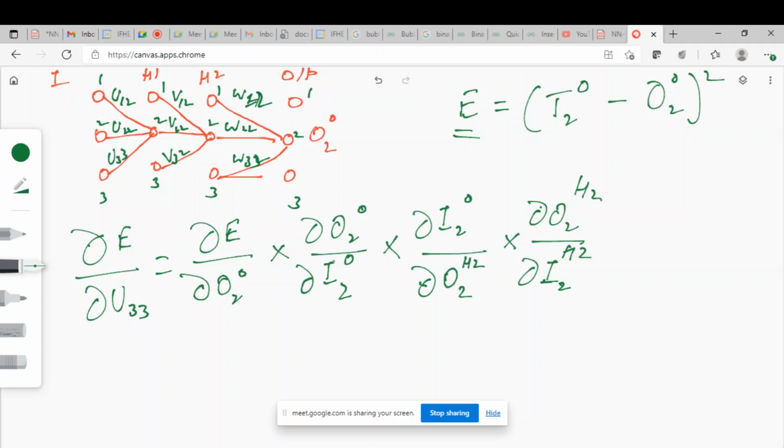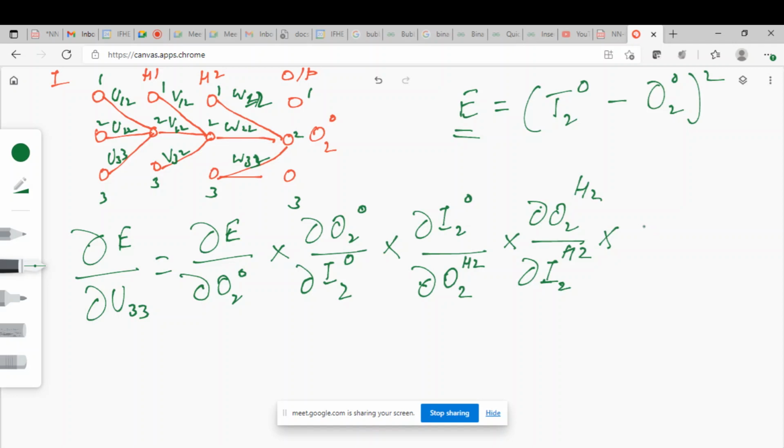I2 H2. Here also, the output of the second neuron of the output layer depends on its own input. Similarly, the output of the second neuron of the second hidden layer depends on its own input. Are you getting?